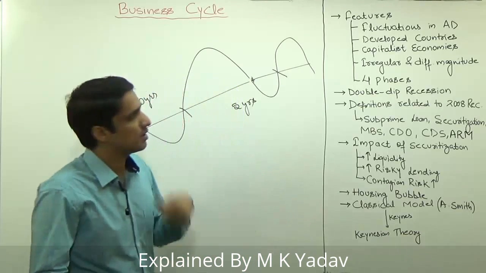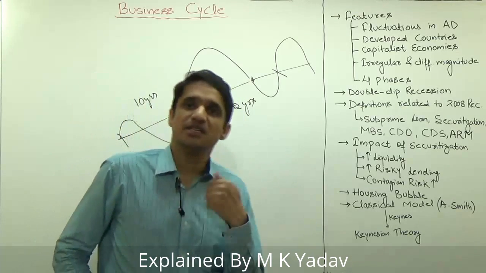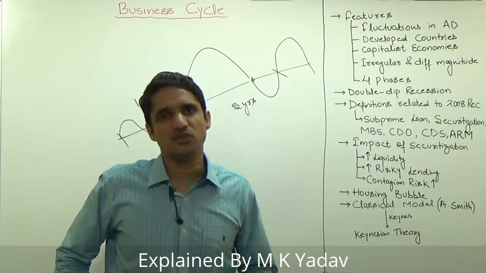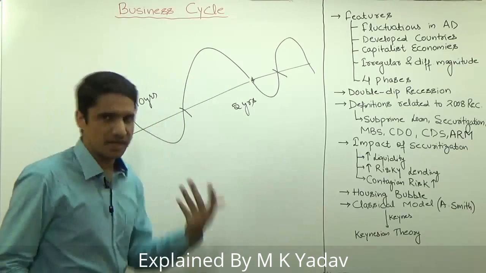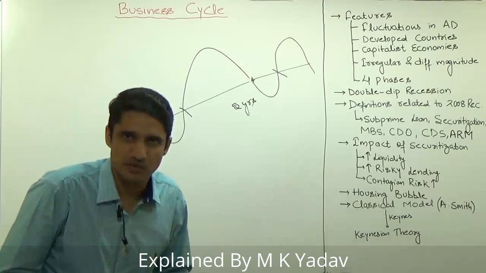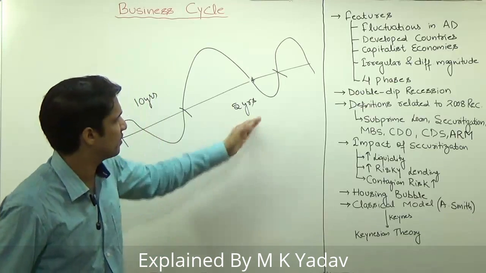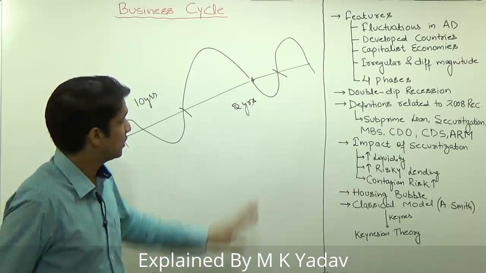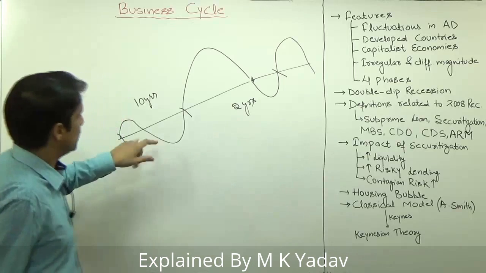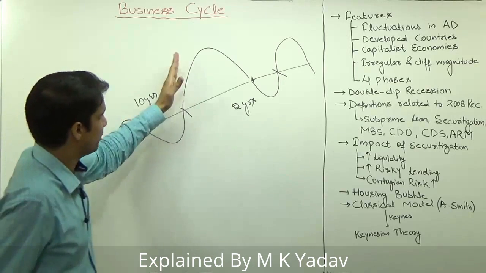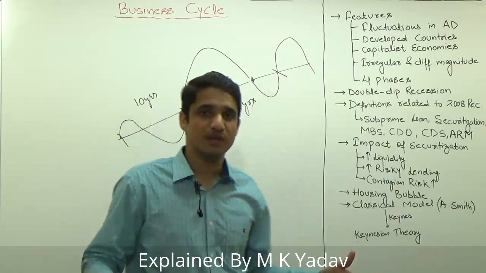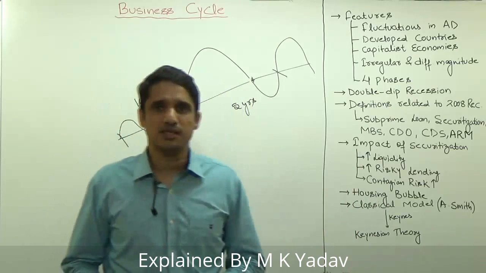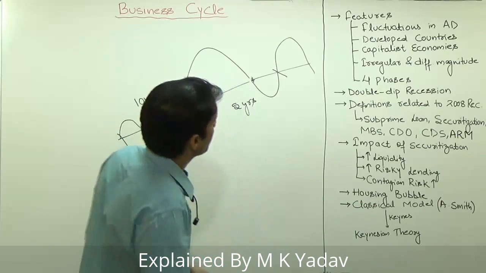In 2008 also the recession came. In the early 1970s also the recession came. But it is irregular. It's not like every 10 years or every 15 years it will come. It is possible that even after 5 years it can come, or after 20 years. So it is irregular and it differs in magnitude. 1930 was the depression, very big, and 2008 was just the recession.